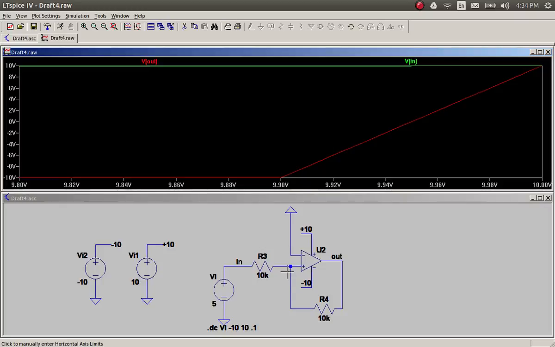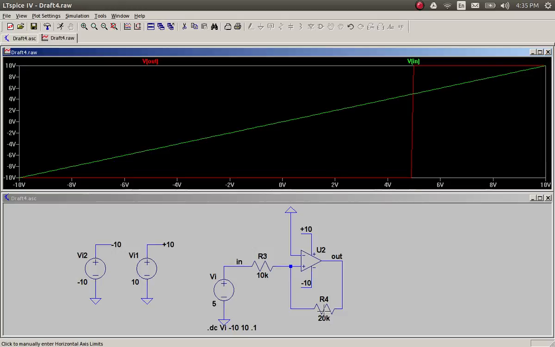So that's when there is a trigger point. But that hardly seems useful. Let's say I wanted to actually trigger when my input was 5 volts, and that's more reasonable, right? So I need to change the divider. If I change this resistor value from 10k to 20k, and then I run the simulation, then it looks like I can trigger it at around 5 volts.